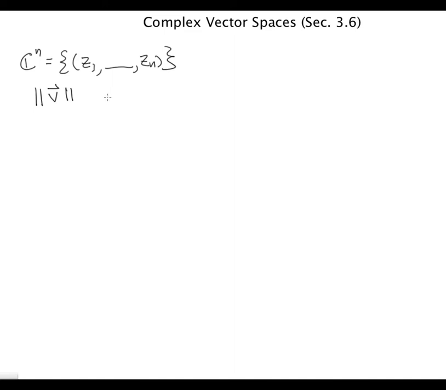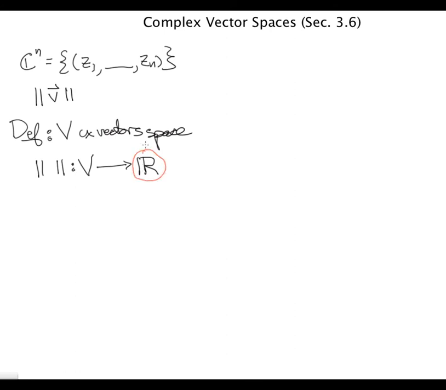And when we were doing real norms, we had the abstract notion. So what's the abstract notion of norm? If V is a complex vector space, then we define a norm as a map from V not to C but to R. That's a crucial point.